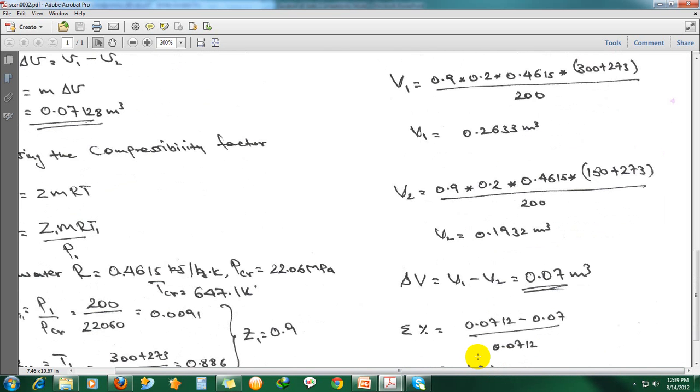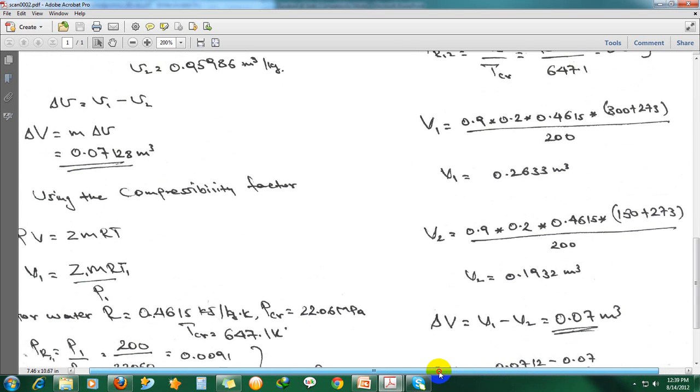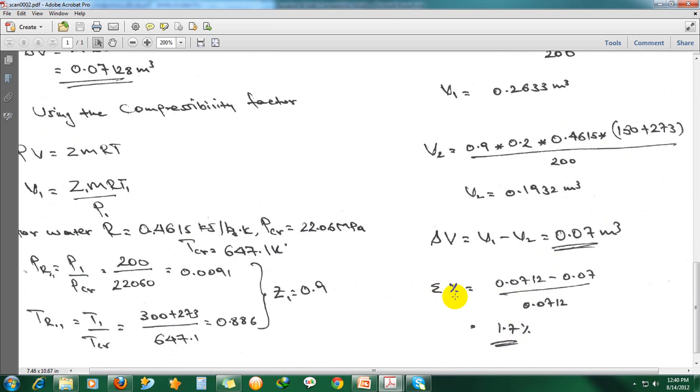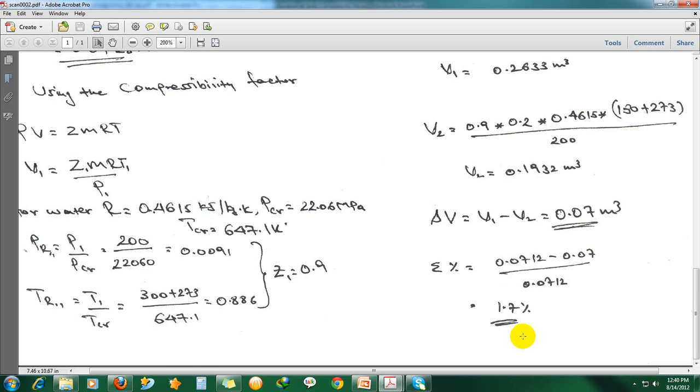If you compare these two methods, the actual method gives a change in volume equal to 0.07128 meter cube, and the approximate method gives 0.07. Almost they are the same. The percent error using this approximate method, the compressibility chart method, is the change in value divided by the true value, and it's almost 1.7% error.